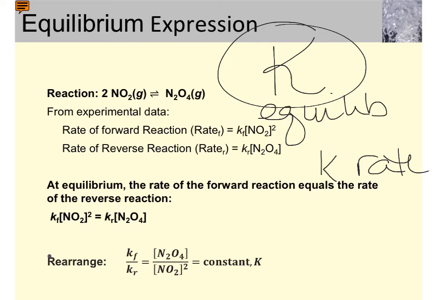So let's assume we have a really simple reaction that's reversible and happens to be at equilibrium. Since it's at equilibrium, we know that the rate of the forward reaction equals the rate of the reverse reaction.